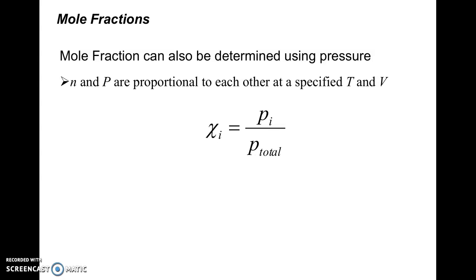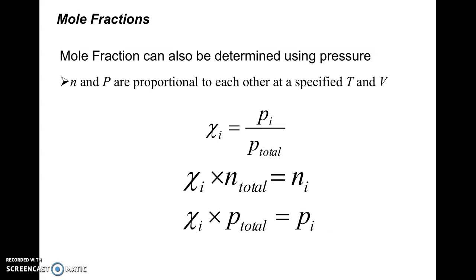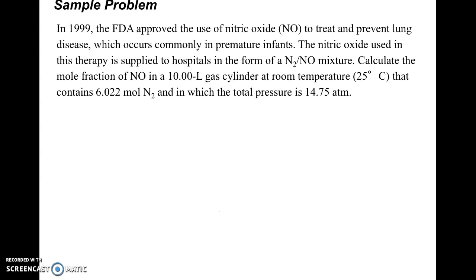So chi, the mole fraction for component i, is equal to the pressure of i over the total pressure. You can also say that chi times the total pressure, or the total number of moles, is going to equal the pressure of i, or the number of moles of i. I have an example here we will do in class, and that's the end of chapter 11.